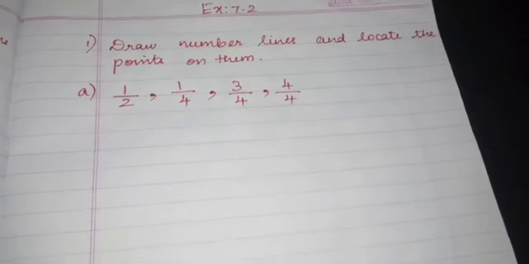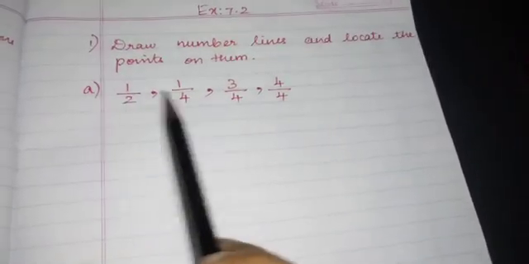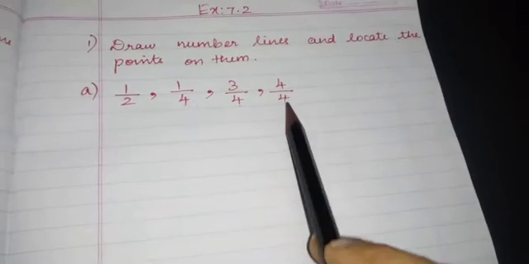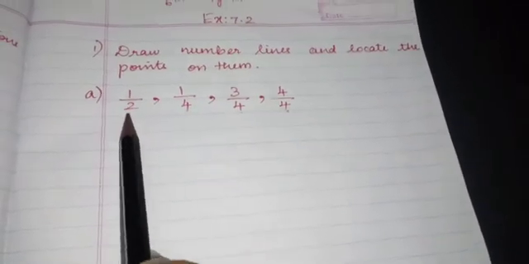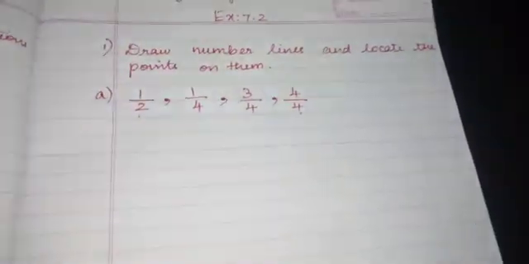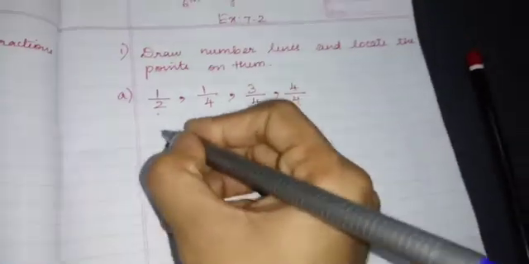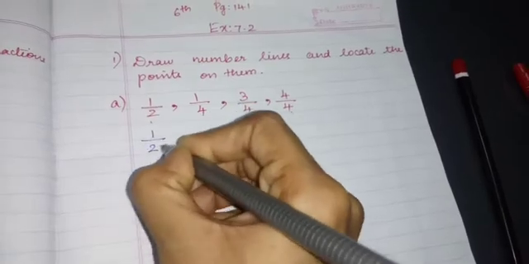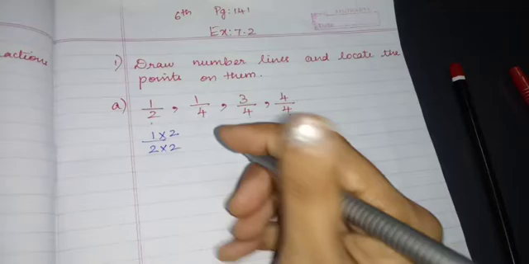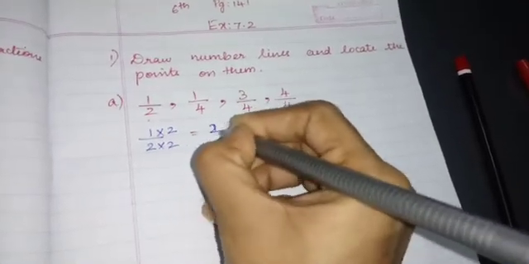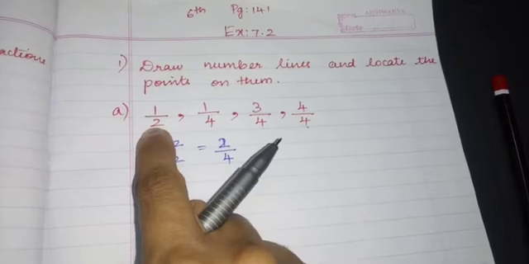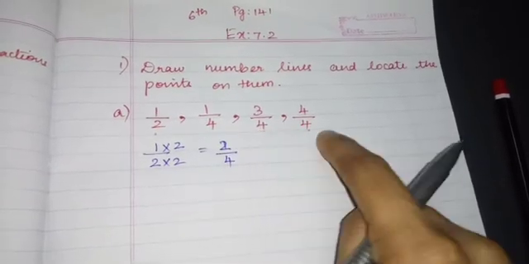I told you all our denominators should be same. Here it is 4, 4, 4. Here it is 2. Can we make this 2 as 4? Yes, because 2 2s are 4. So 1 by 2 will become 2 by 4. Correct? Only this denominator is different. This is 4, this is 4, this is 4.